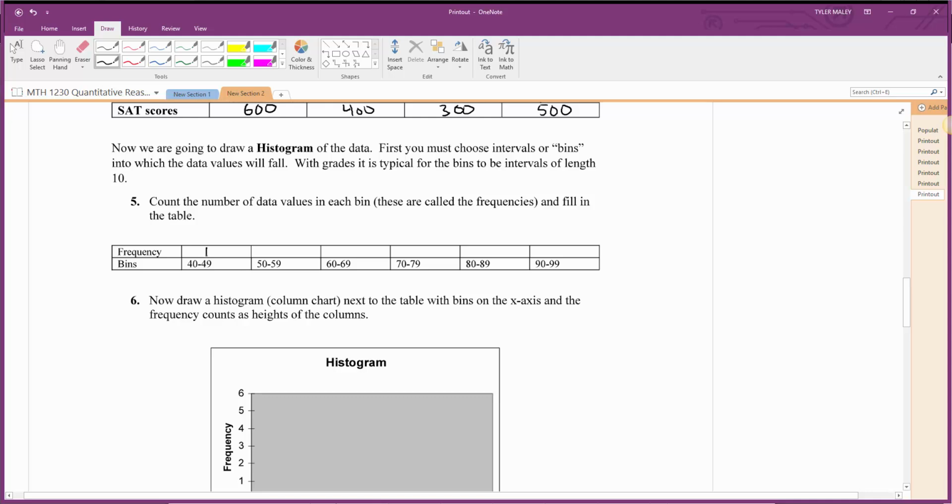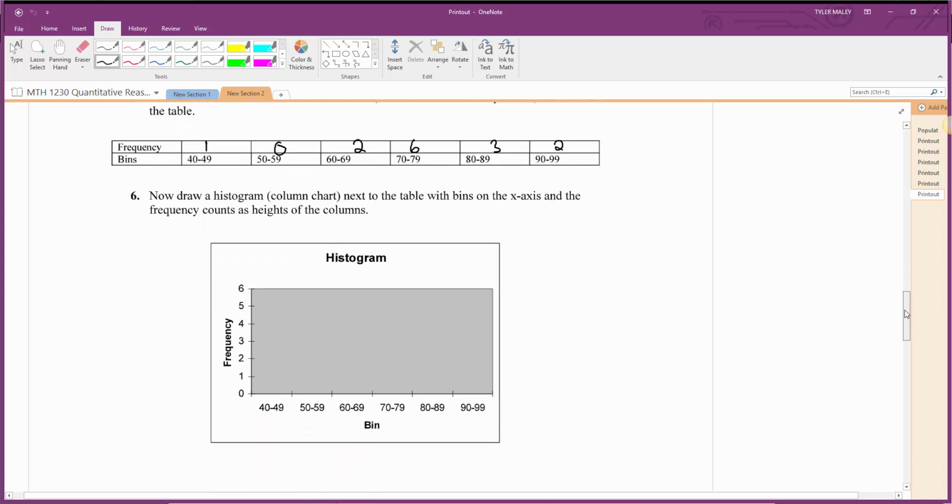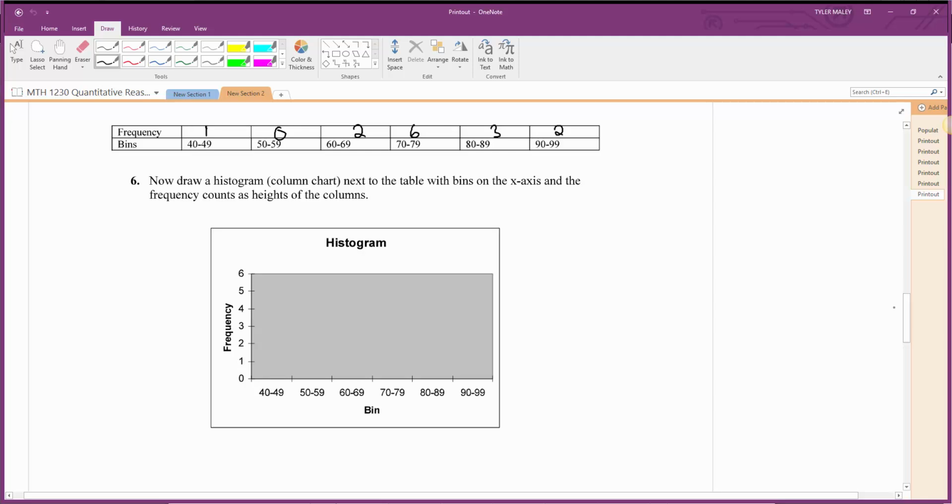So there's one value, I believe, from 40 to 49, 0 in 50 to 59, 2 in 60 to 69, 6 numbers in 70 to 79, 3 in 80 to 89, and 2 in 90 to 99. Right? So frequency is just the count, and then we can come down here and draw the bars.